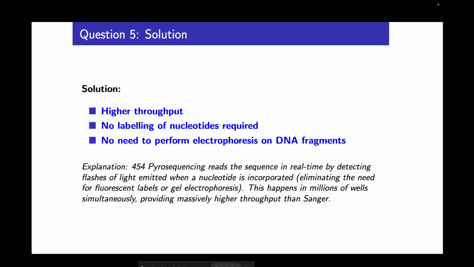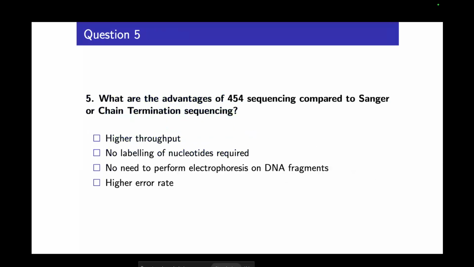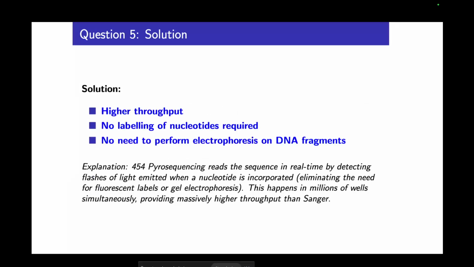No labeling required. Also, no need to perform gel electrophoresis, which you have to do for Sanger. And yeah, the error rate will be higher for 454 compared to Sanger, right? So that is definitely not an advantage. Okay.